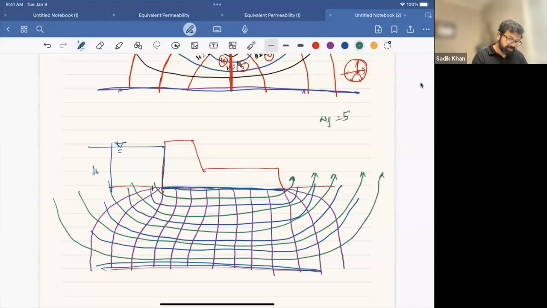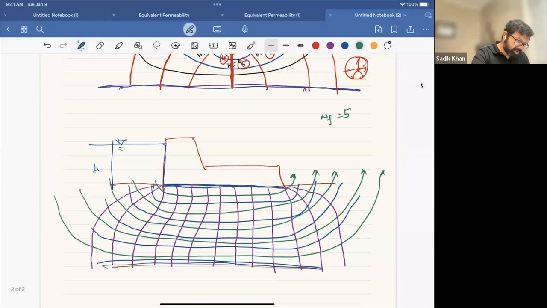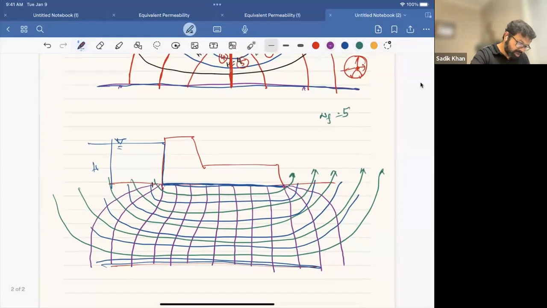How many drops? Let's say our number of drops is 1, 2, 3, 4, 5, 6, 7, 8, 9, 10, 11, 12, 13, 14. So ND equals 14, right?